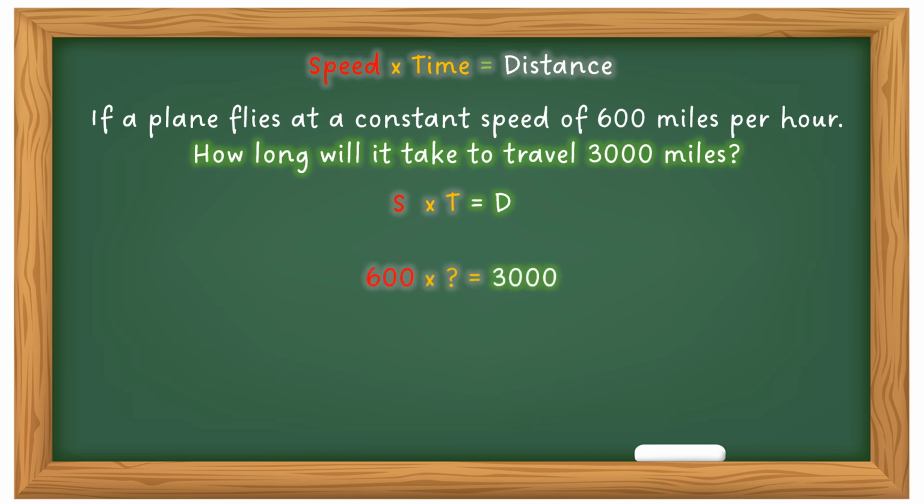You can see that 600 multiplied by something equals 3,000. And to get that, you just work in reverse. So it's 3,000 divided by 600 that gives you the answer, and the answer is 5 hours. And that's the simplest way to understand speed, time, and distance.